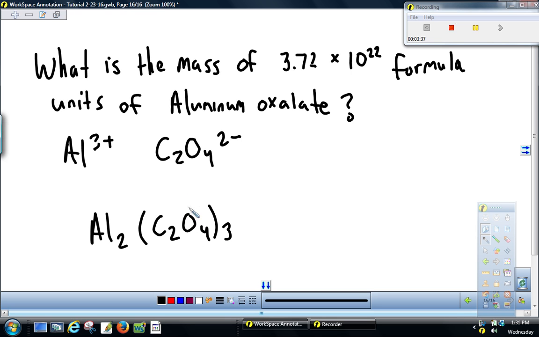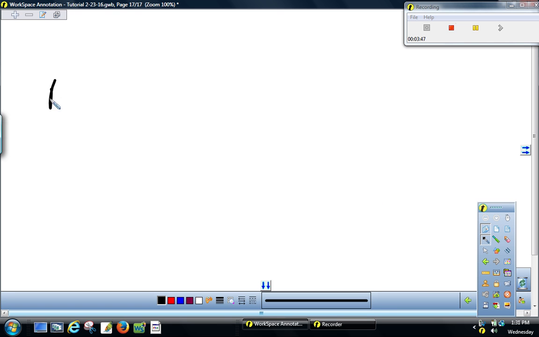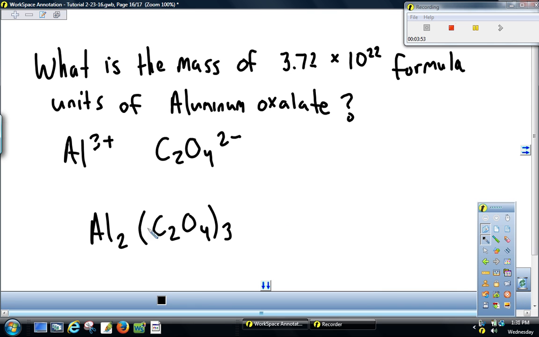This is what we have to figure out the molar mass of, and we'll do that on the next slide. We have Al, carbon, and oxygen. We have 2 aluminums, since the aluminums are not inside the parentheses. Inside the parentheses, we have to multiply by the subscript.